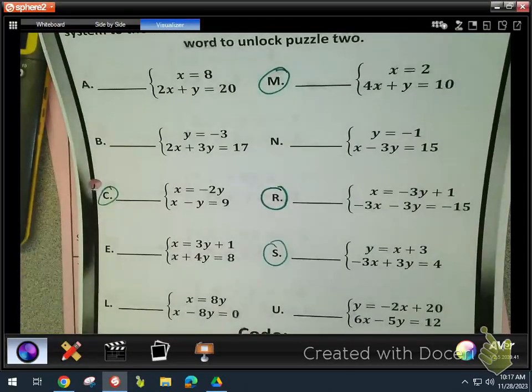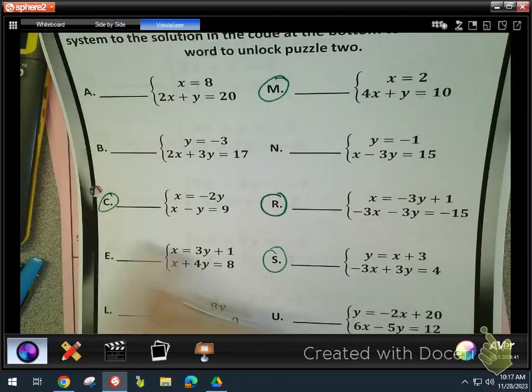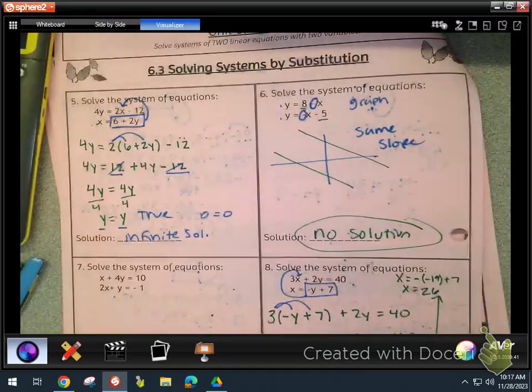If you want to do all of them, fine by me. I've got an answer key to all of them, but those are the 4 that I'm going to ask you to do. Okay? M, C, R, S. All right, that's what we're working on now.